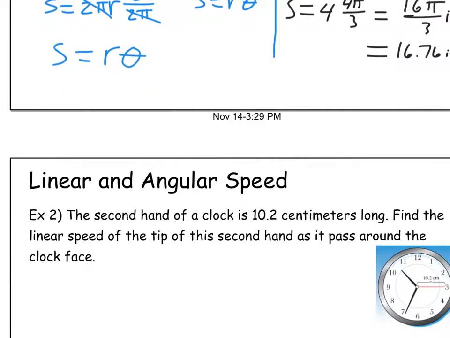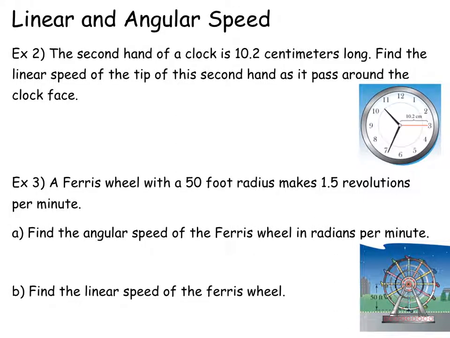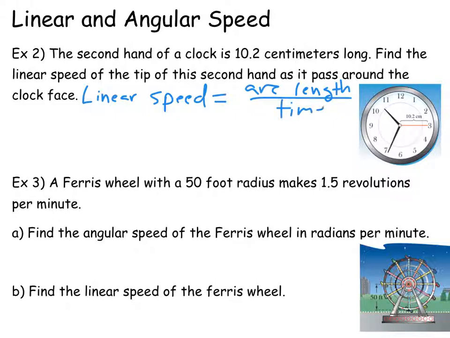All right. If we get into linear and angular speed, here's what you really need to know: all we're doing is adding the dimension of time. Linear speed means we have to have some kind of arc length, but we're now going to talk about moving about that arc relative to time.